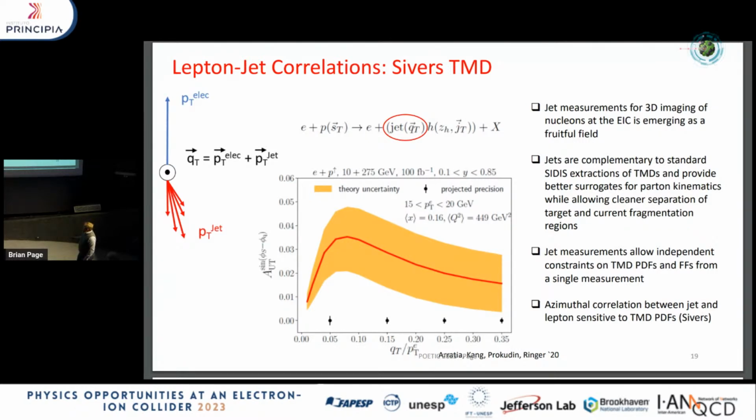And so this kind of measurement we did. This is from Miguel Arratia's group. They did a projection for the Yellow Report, showing that we should be able to measure, again, the Sivers function with relatively high accuracy here.